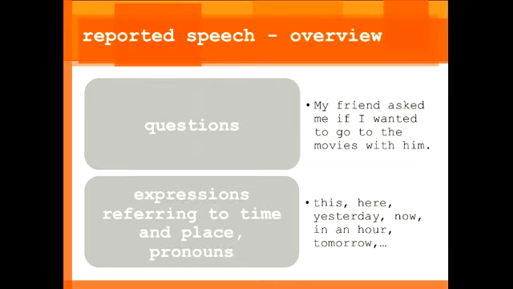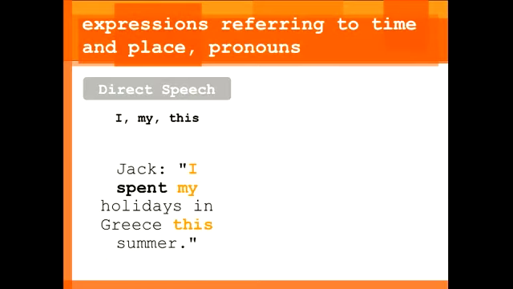Let's have a quick look at expressions referring to time and place and also at the pronouns. Let's suppose that, let's say 2 weeks ago, Jack said the following sentence in the direct speech. I spent my holidays in Greece this summer.